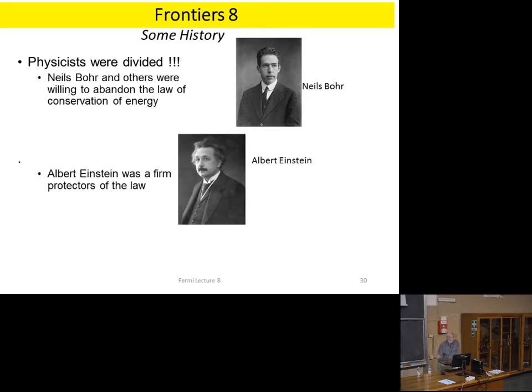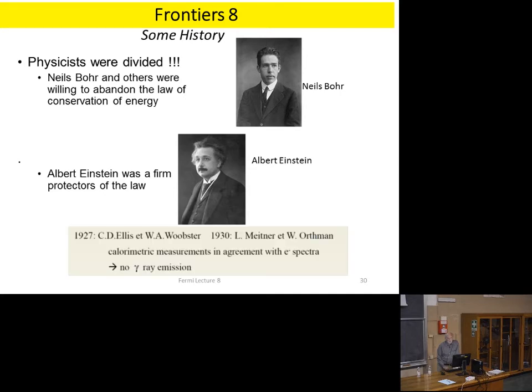So basically, there was a puzzle at this point into the 1930s, even though this was seen sometime before this. The first thing that maybe was relevant is that it was determined by something like 1927 or 1930 that there wasn't somehow gamma rays that were getting away that you didn't see that were taking away the energy.